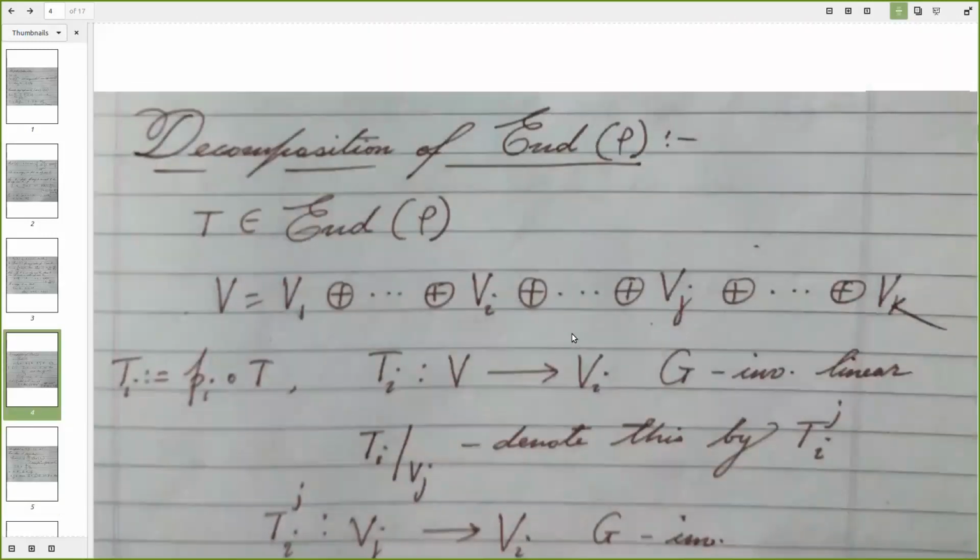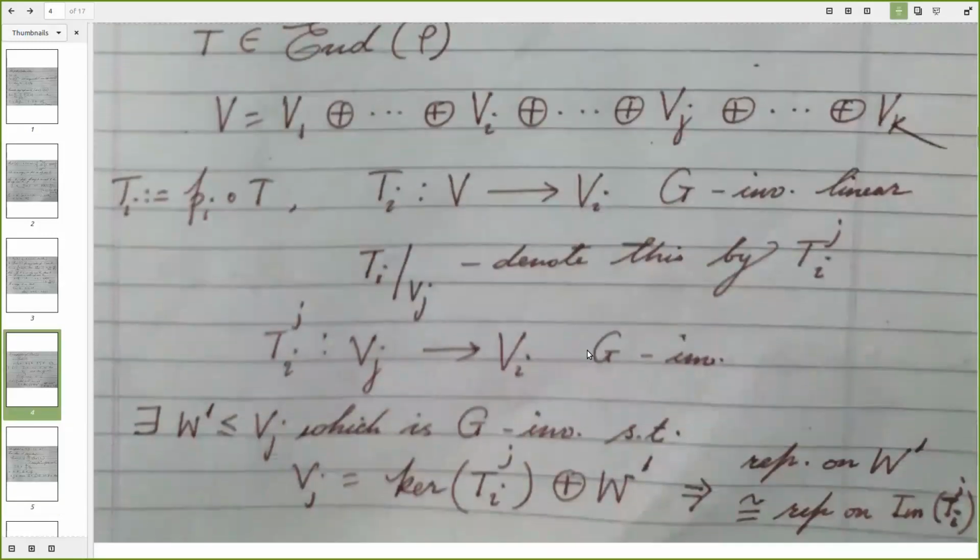So if we just have a thorough look, first what we have done is, starting with a G-invariant linear map T, we first project it onto the ith component and then restrict it to Vj. Then we see that if j is not equal to i, then that Tji has to be 0.